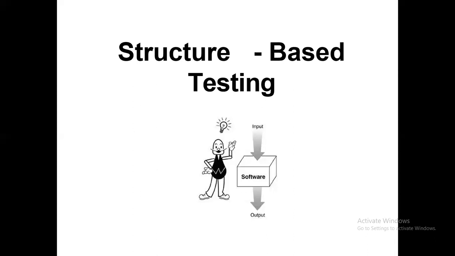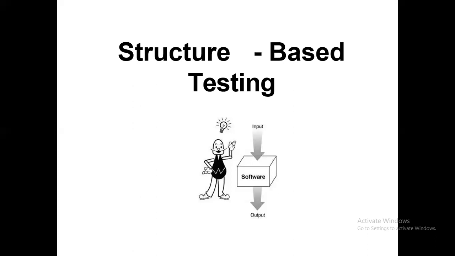The tester will derive several input combinations based on the specification or the SRS requirement document and check whether the given input combinations generate the desired output. If the output is as expected, we say that particular software component or part has successfully passed, otherwise we say it has failed. So that is the story of black box testing.